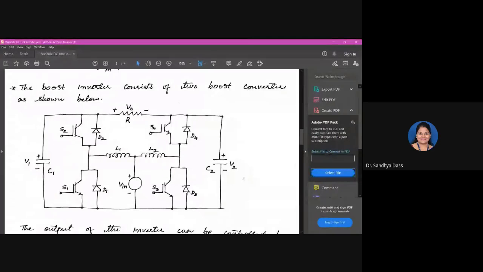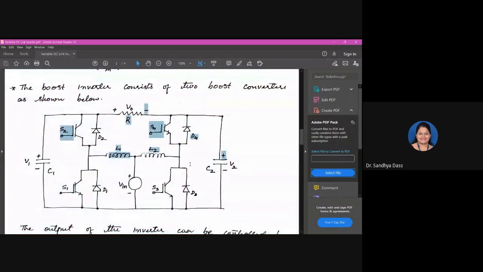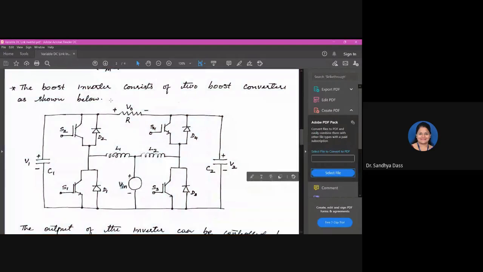This part will be converter 1 or converter A, and this part will be converter B. And here is your output, R, where you are observing Vo, and this is your input Vin.